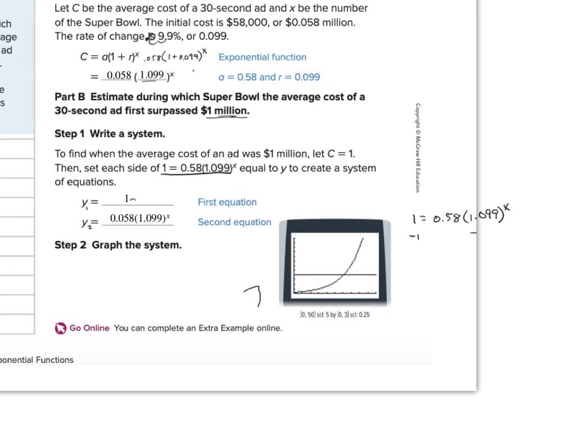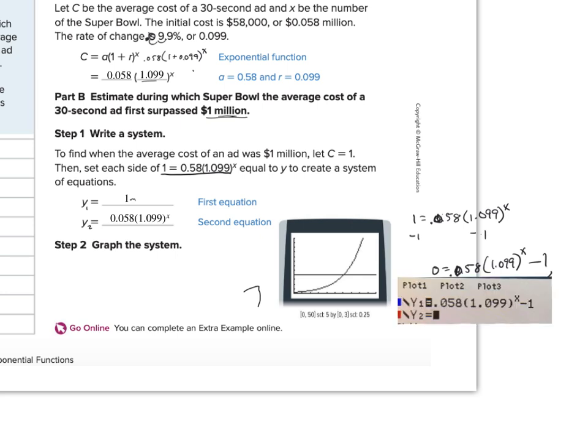And then I have 0 is equal to 0.058 times 1.099 to the x power minus 1. And what I'm going to do is put this in as my related function into the calculator.